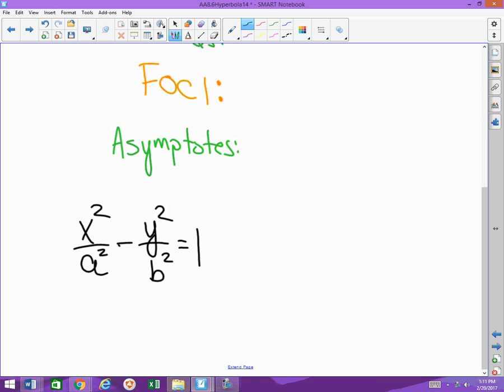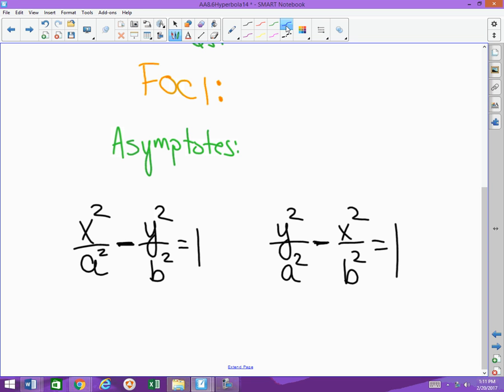And the other one would be y squared over a squared minus x squared over b squared equals 1. Very similar to an ellipse, except it's a subtraction sign underneath.